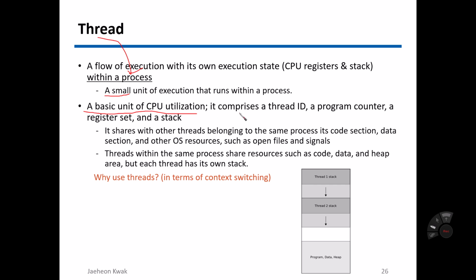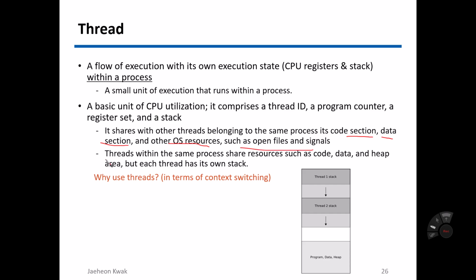As I told you, a thread is very similar to a process. However, a thread is included in a process. A process can generate some threads, and the threads share the same process's code section, data section, and the process's OS resources such as opened files.